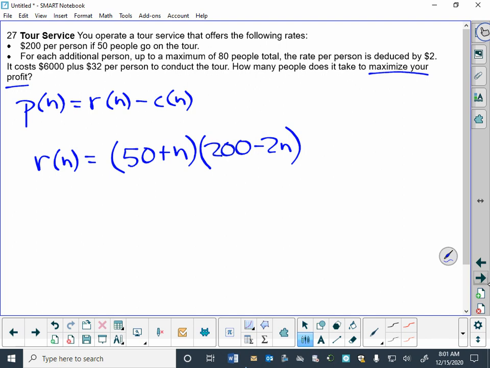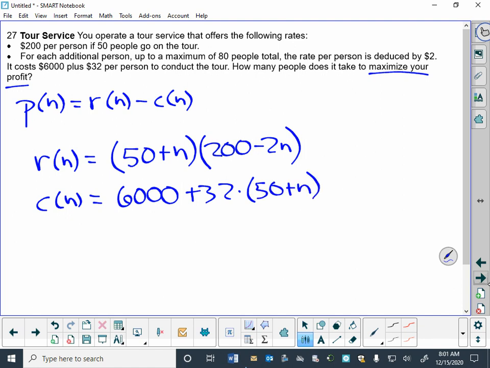My cost is $6,000 in fixed costs plus $32 times all the people that I take on there, which is going to be 50 plus n. So a little bit of simplifying on these things. 5 times 2 is a 10 with 3 zeros. 200n minus 100n is 100n minus 2n squared.